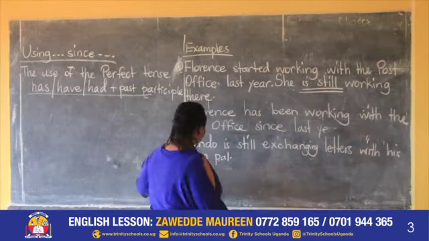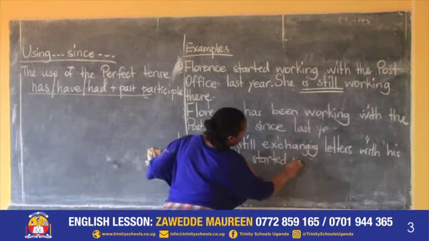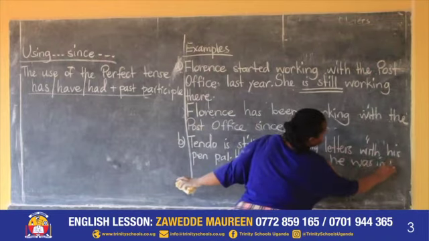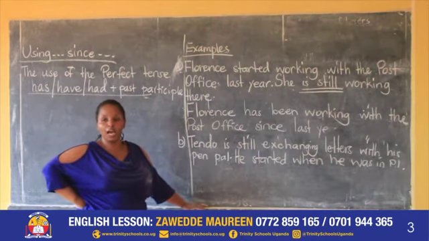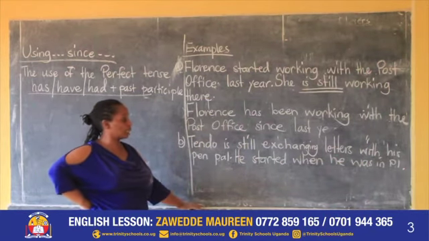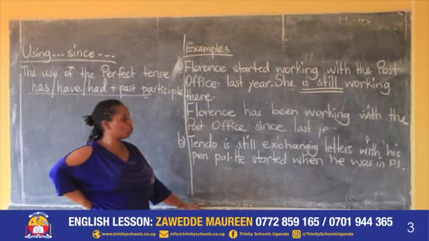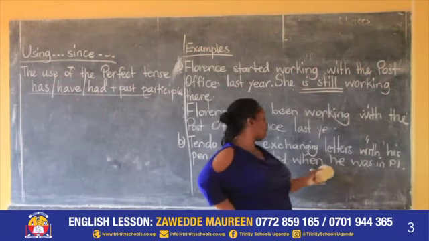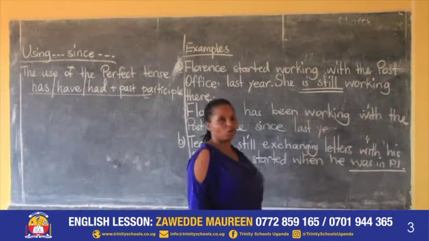He started when he was in P1. So we are so much interested in the point of time when this action started happening, because since is going to deal with the point of time. Since deals with the point of time. So when you analyze these two sentences, the point of time when Tendo started was that time when he was in primary 1, when he was in P1.